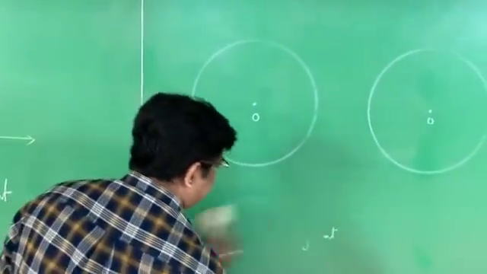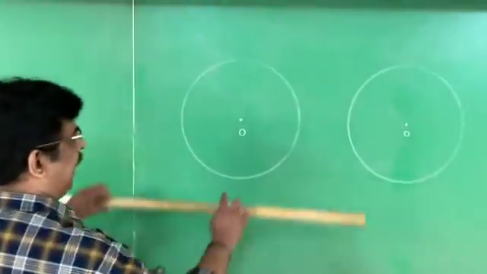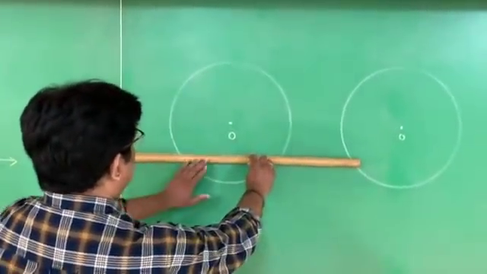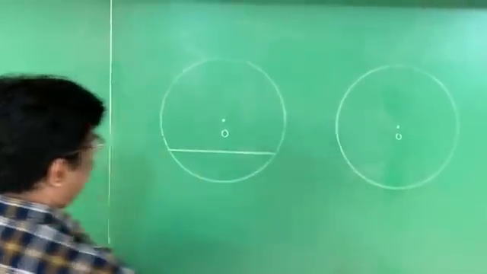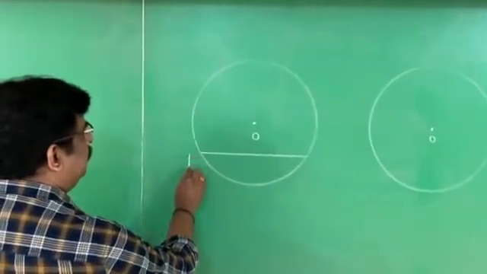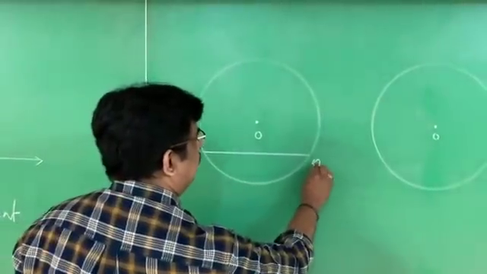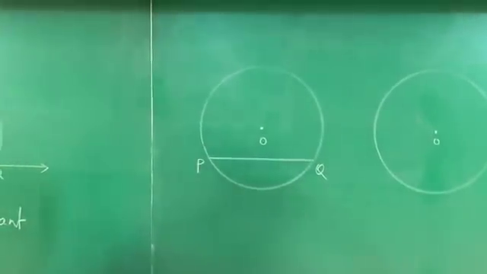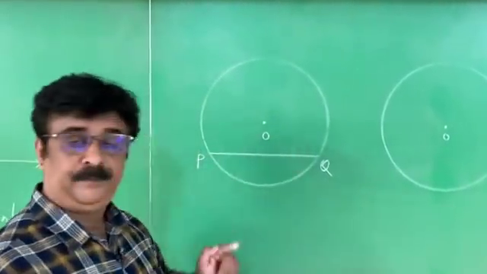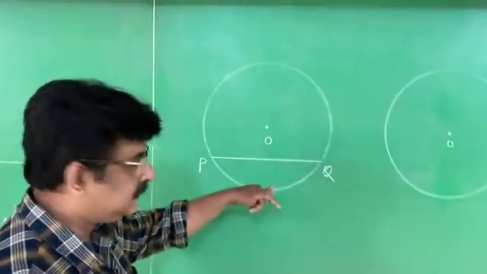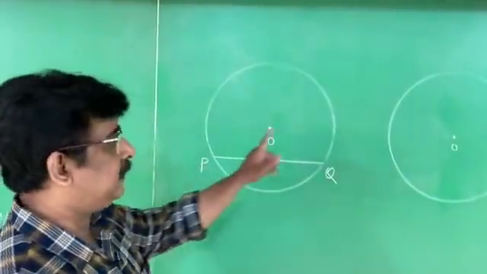Suppose, in the diagram, they have written a structure like this. They name this line as PQ. Before they ask, you have to ask, what is this PQ?